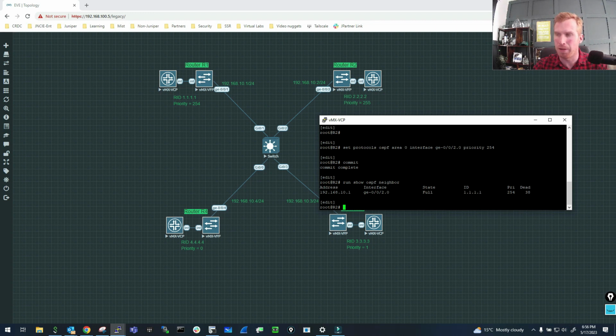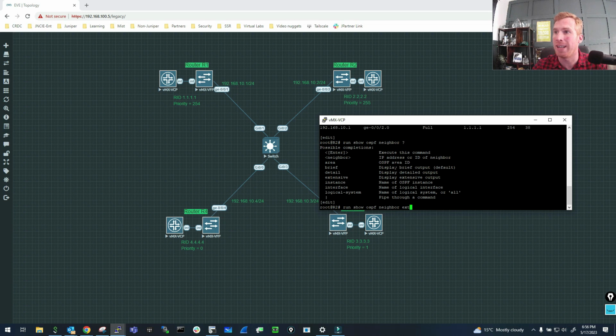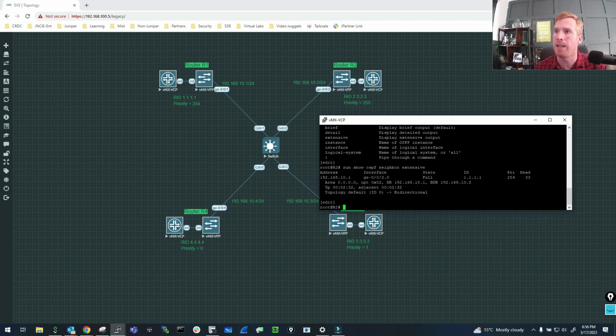If I run the same command with extensive, we can see the IP address, the interface, its full adjacency, that we've got bidirectional communication, and more importantly the priority of R1 is 254.